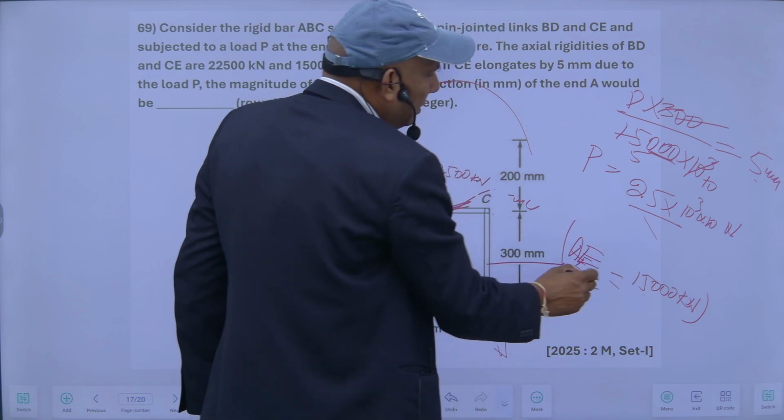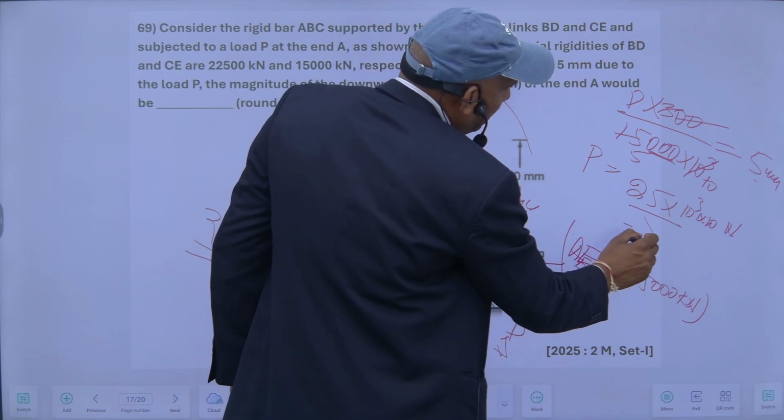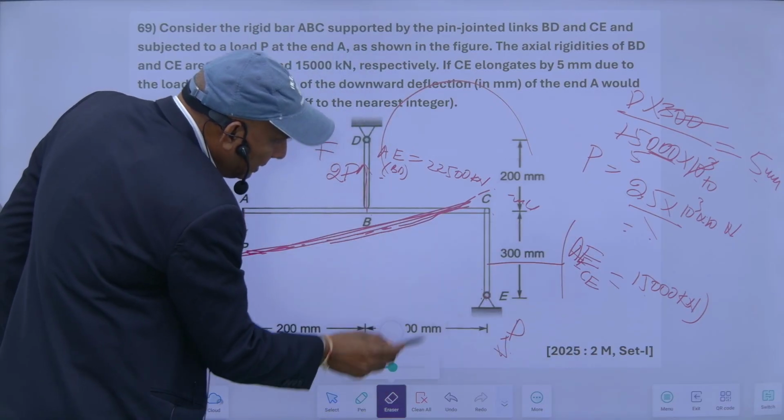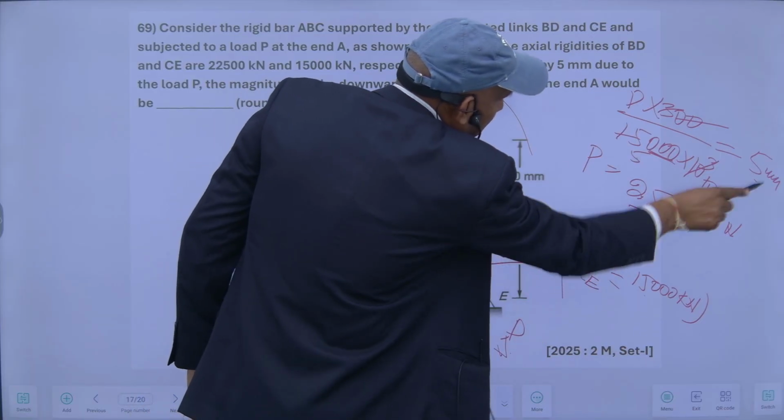So we can say this is 250 kilonewton. So my P is 250 kilonewton.